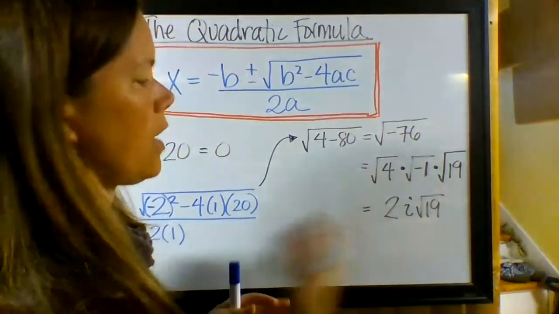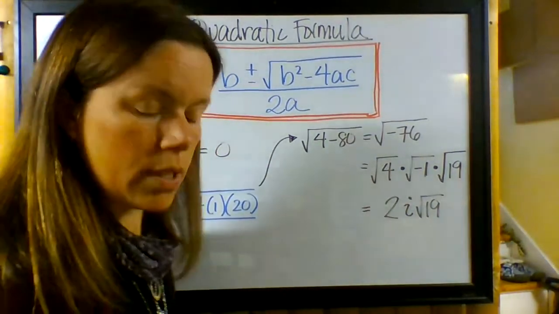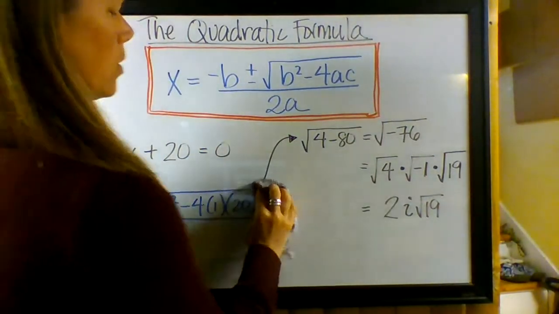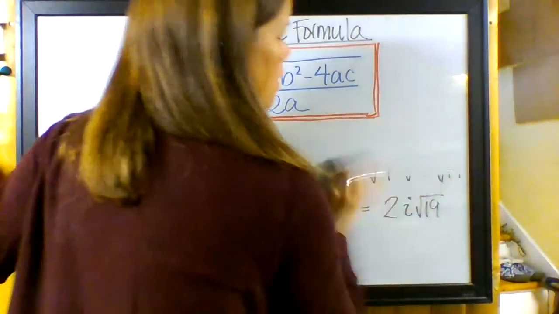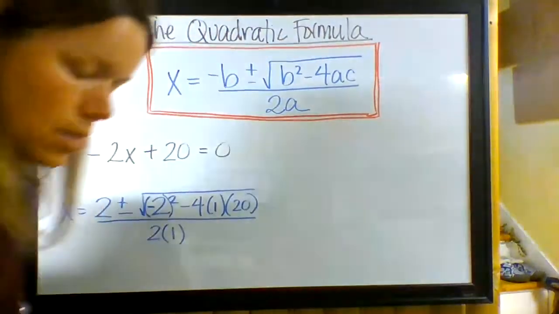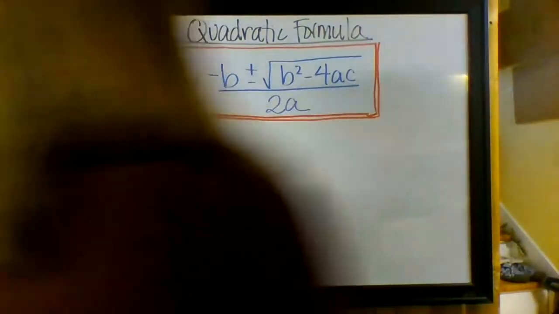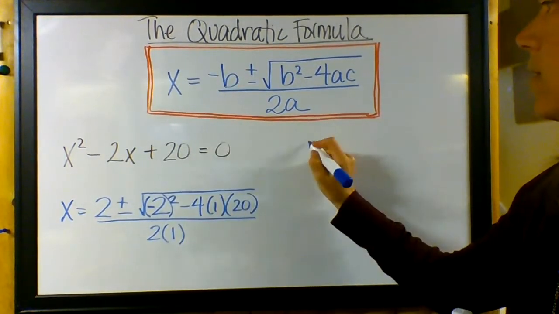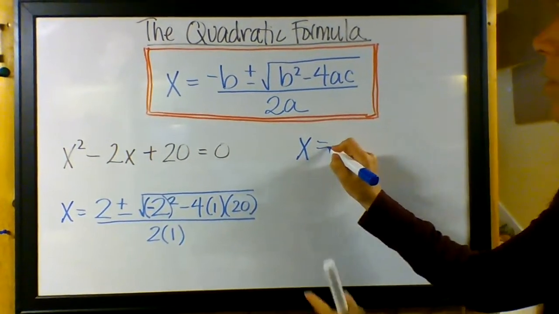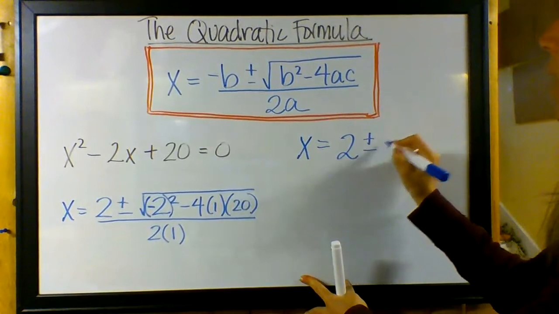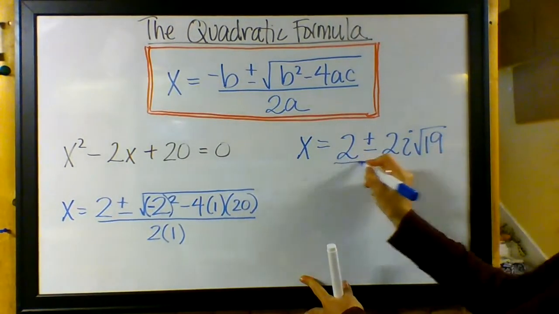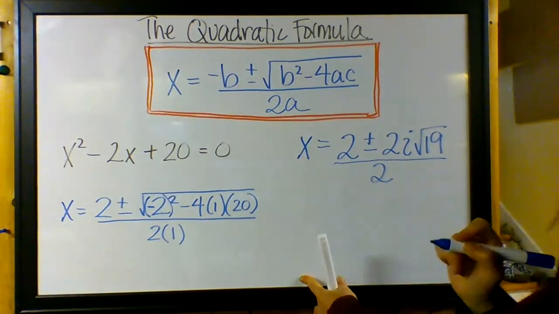So now that I've got this, 2i root 19 is how I would say it. I need some space here, so I'm going to erase this. And let's see. So I'm going to bring this one over here. I'm going to say x equals 2 plus or minus 2i root 19 all over 2. But what did you see?